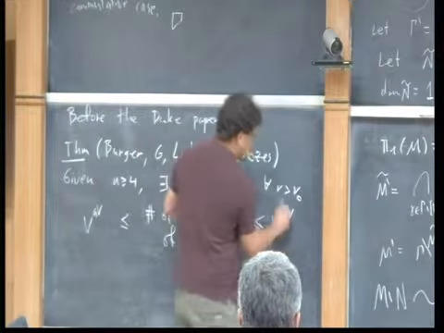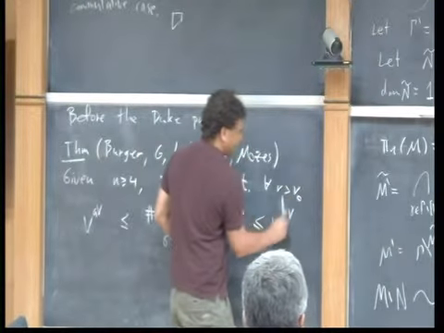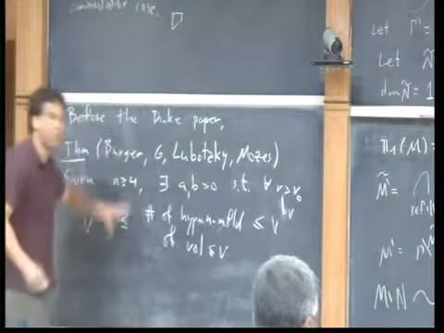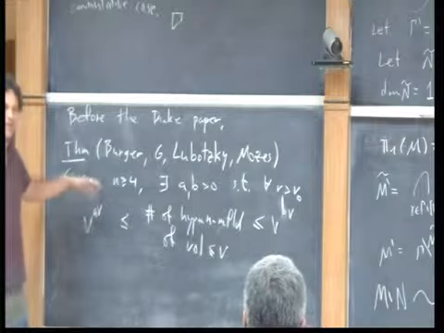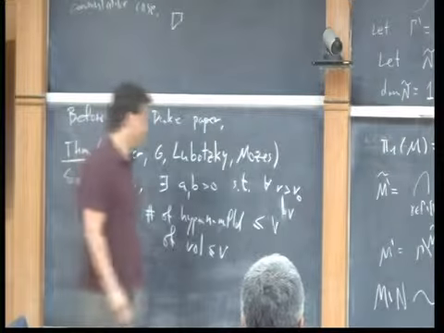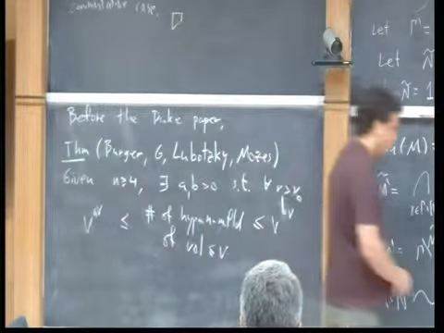So the number of hyperbolic manifolds behaves like this. In the paper we wanted to be nicer, so we took log. If you take log on both sides, this becomes a multiplicative constant. This is what we proved.